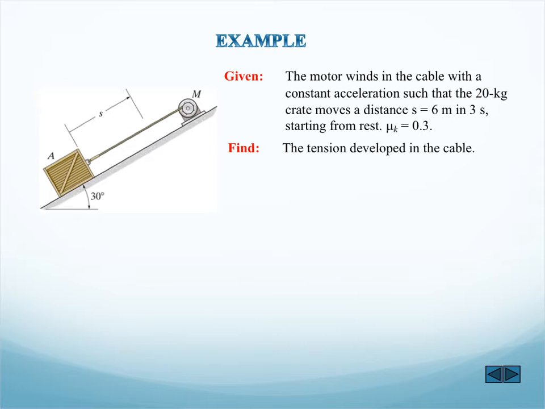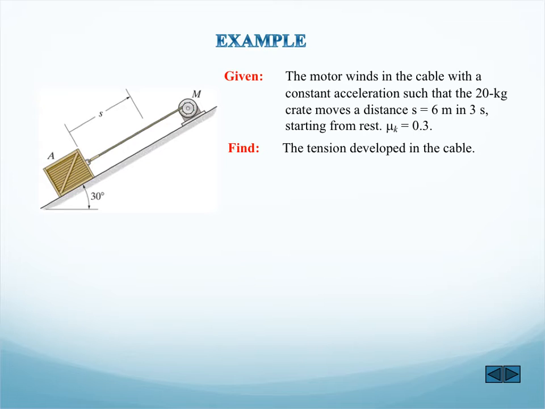So here is an example. Here we have a crate that's being moved up an incline, and we're told it moves a certain distance in 3 seconds starting from rest, and we're also told what the coefficient of kinetic friction is. And so let's use this to figure out how to approach this problem.